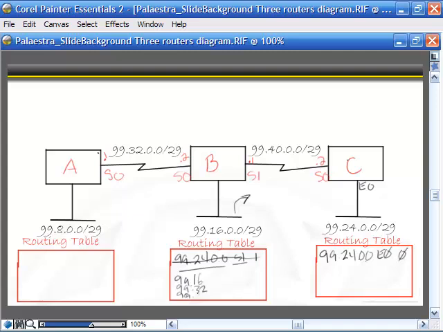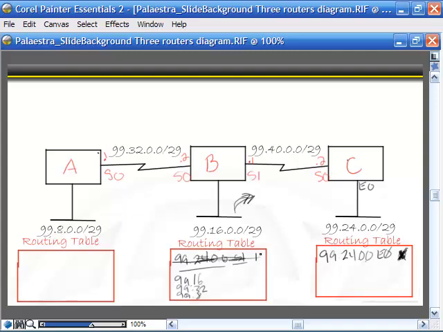So he'll be able to use that information, but this information will be removed because the update about 99.24 came in through serial 1. So when B sends information out of serial 1, it's not going to have that 99.24 network in there. So if this path goes down, C will not think that B has a path to network 99.24.